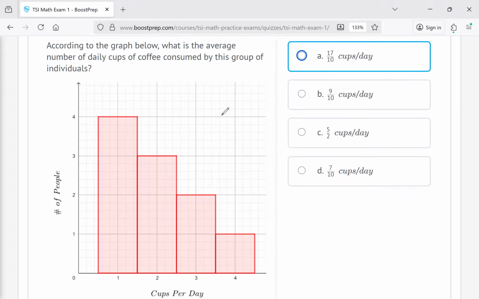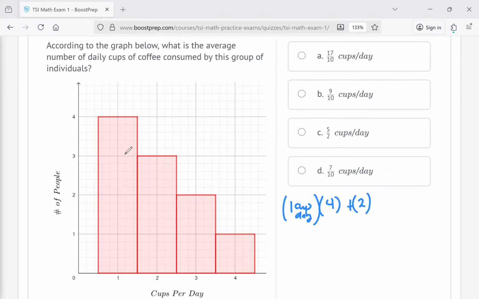So if you look at the x-axis, we have 1 cup per day, and we're going to multiply it by how many people? 4. Plus 2 cups per day, and how many people were there for 2 cups per day? It would be 3.